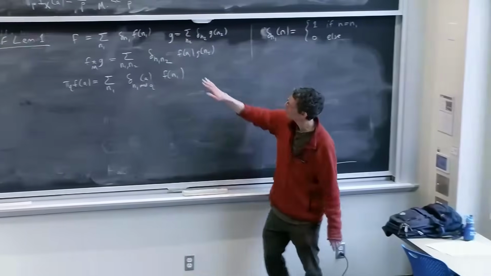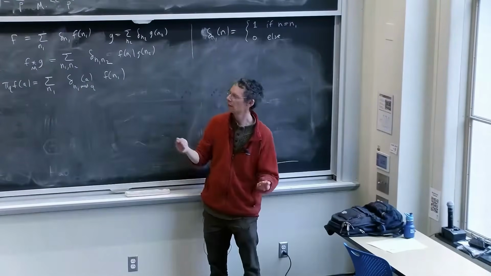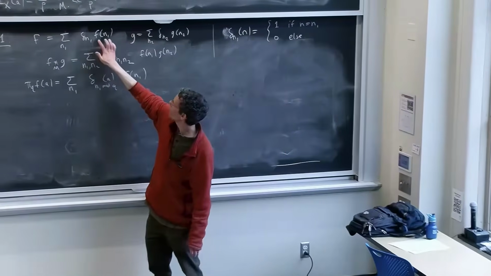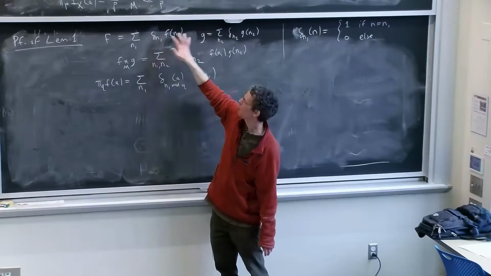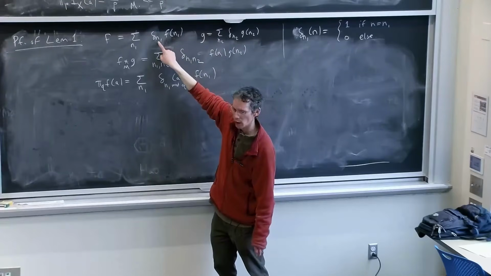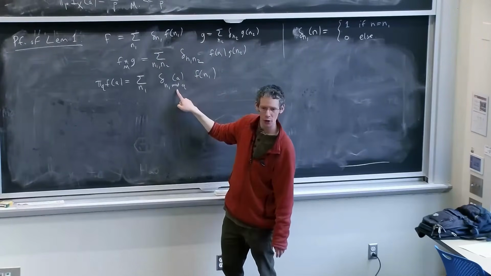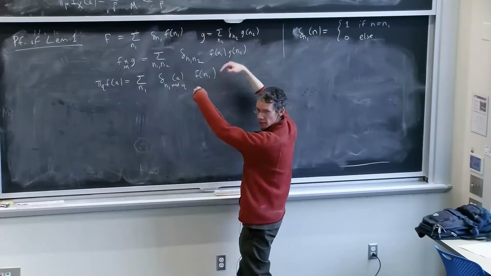I like to think of f and g as some kind of density. We think of f as a description of some stuff, and there's f of n1 stuff located at n1. And same for g. So what does the projection do? It just takes the stuff at n1 and moves it to n1 modulo q. Stuff is coming to n1 modulo q from several different places, and it just adds up.